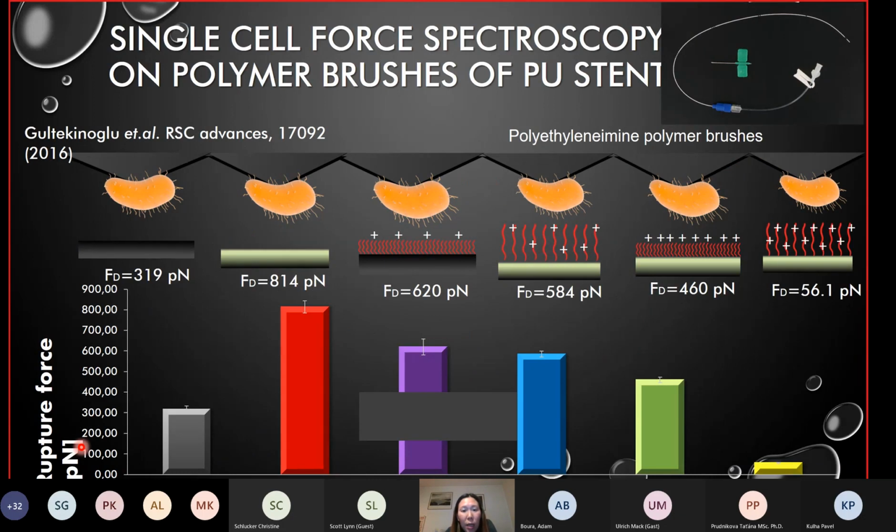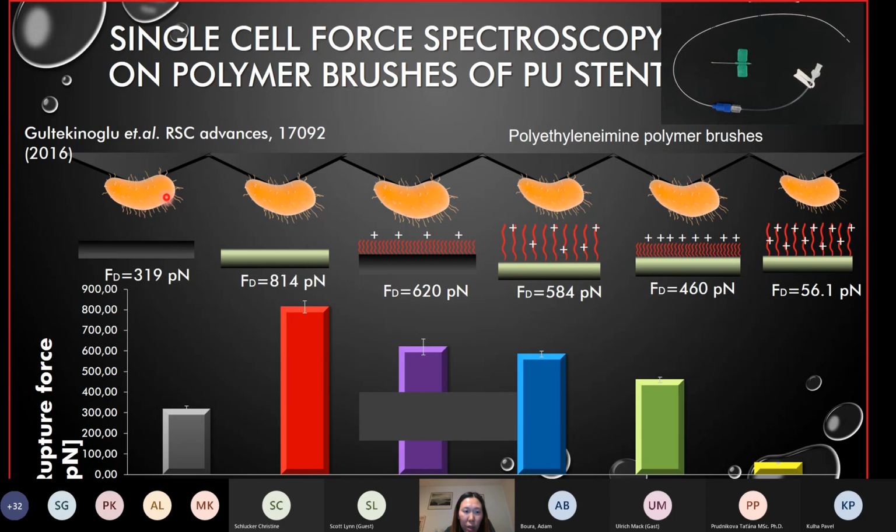And with this, as we can now attach a single cell to the AFM tip, we can directly measure single cell interaction with different abiotic surfaces. So in this case, we have this catheter sample, which is used as a stent in the body. And they coated this catheter surface with a polyethylenediamine polymer brush with different molecular weights and different architectures.